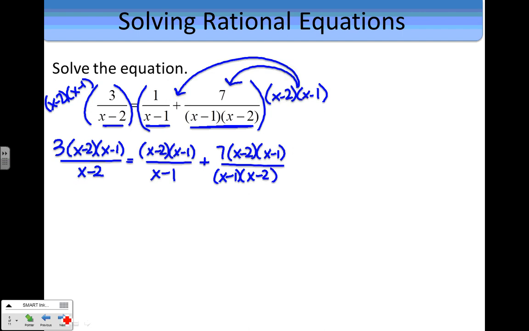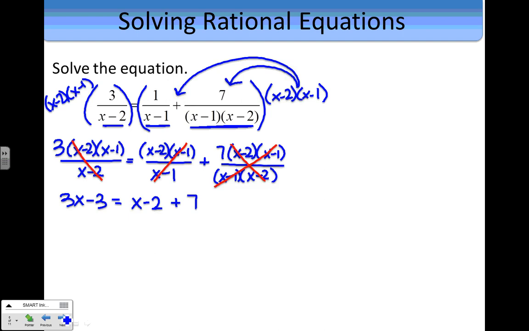I multiplied by these because the point of multiplying by them was to cancel out any in our denominators. When you're solving an equation, you want to clear the denominators. So I have 3x minus 3 equals x minus 2 plus 7. So this is a linear equation.